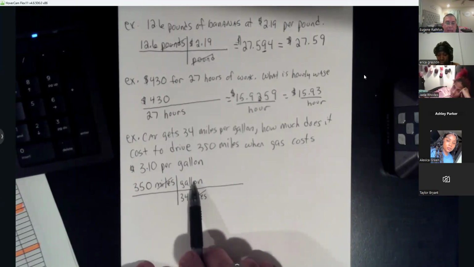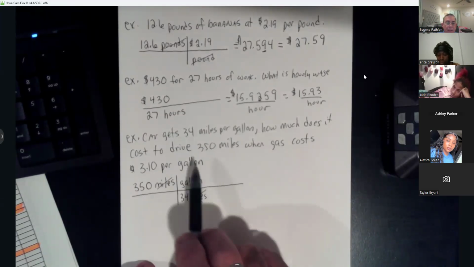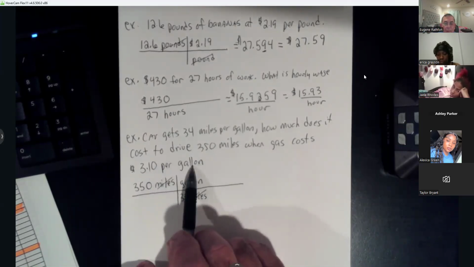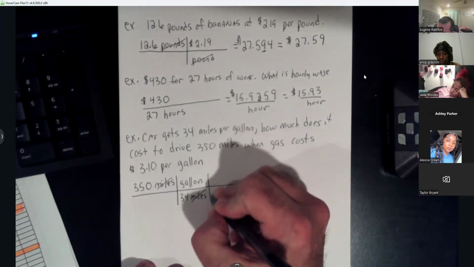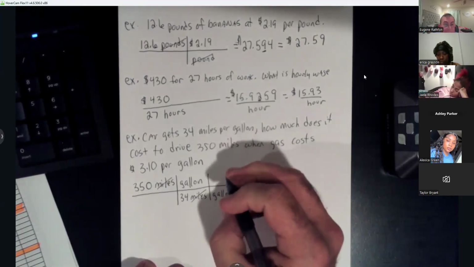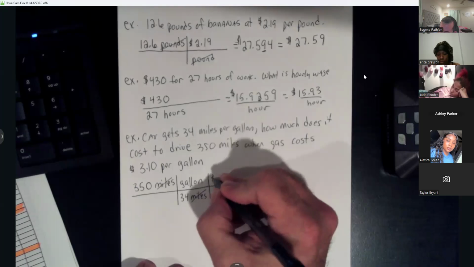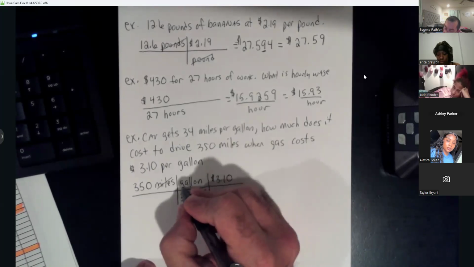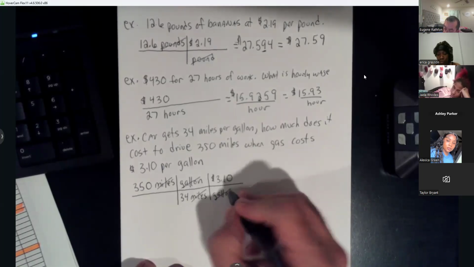Now, to go from gallons into my cost, it's telling me my gas costs $3.10 per gallon. So I need the gallon to cancel. And I get what? $3.10. All right, so notice how them gallons cancel.